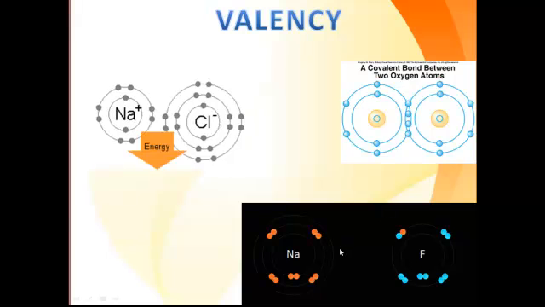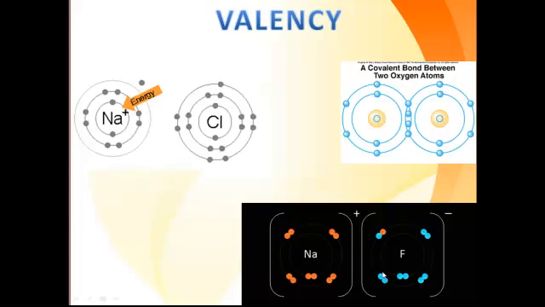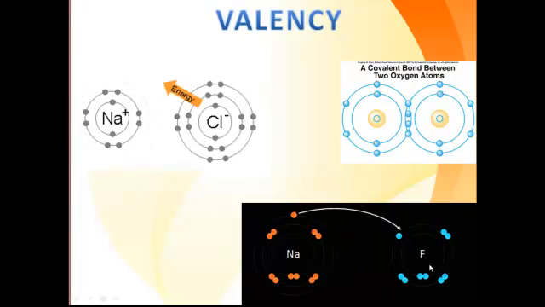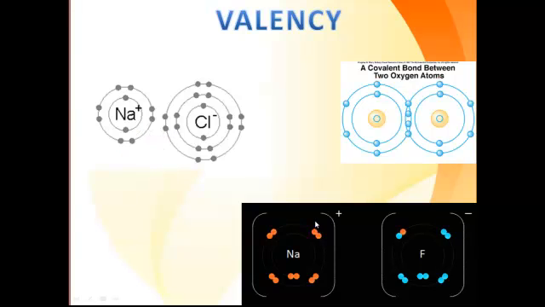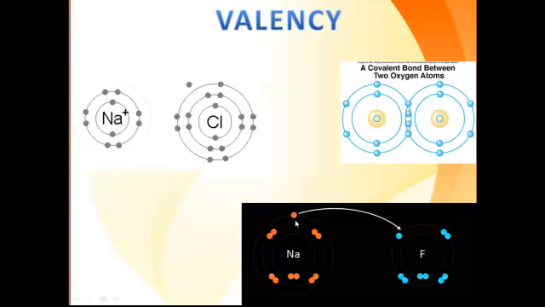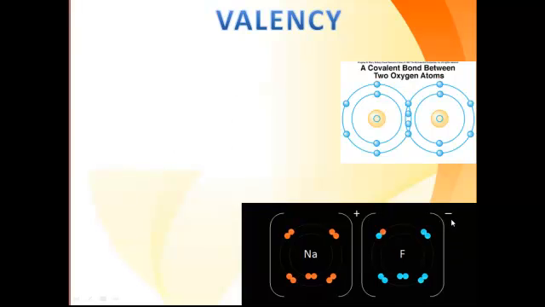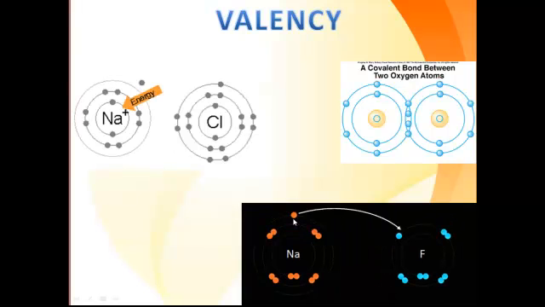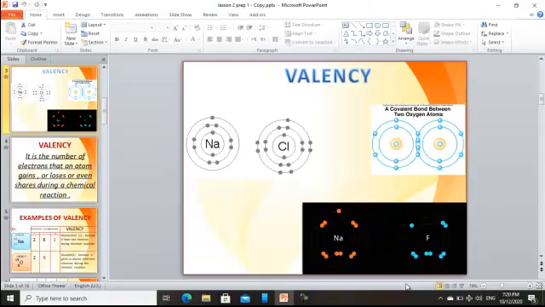The third example, formation of sodium fluoride. During formation of sodium fluoride, the sodium atom tends to lose the outermost electron and changes into a positive ion, and fluorine tends to gain this electron and changes into a negative ion. This electron which is lost or gained is called valency.